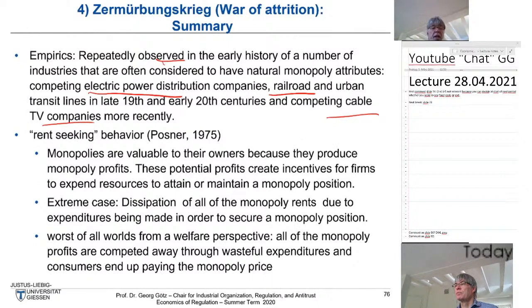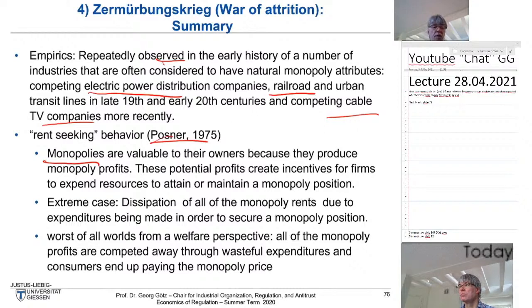Another point which Posner mentions here, and to which we will get back in the next chapter, is rent-seeking behavior. So firms invest a lot to gain a monopoly, like with British Satellite Broadcasting, because monopolies are valuable to their owners as they produce monopoly profits, and this creates incentives for firms to spend money to win this monopoly position.